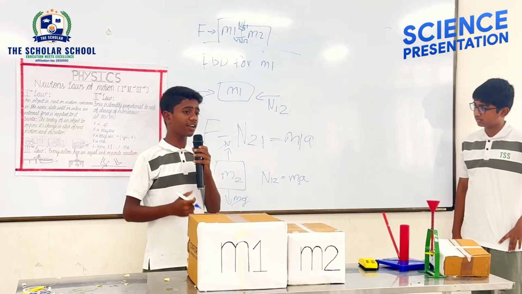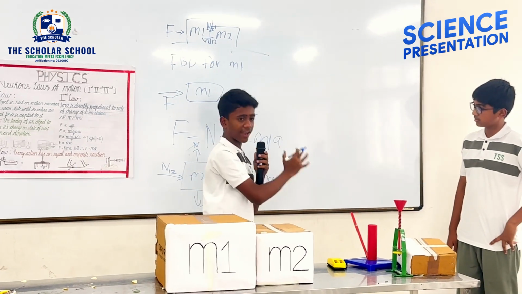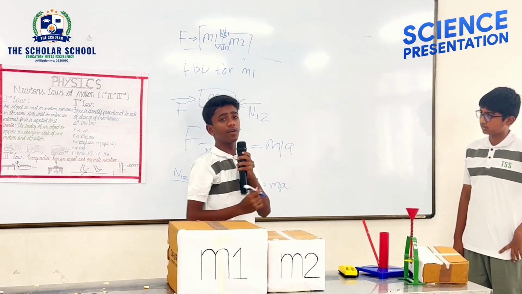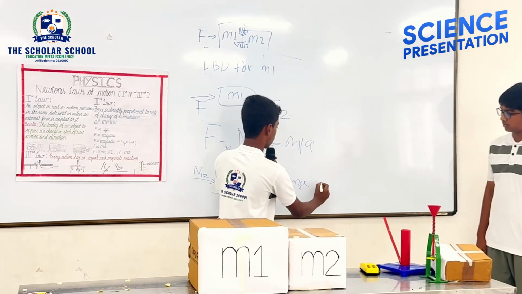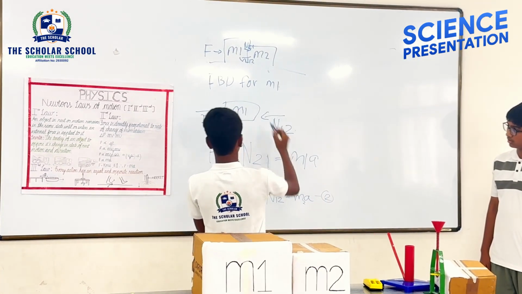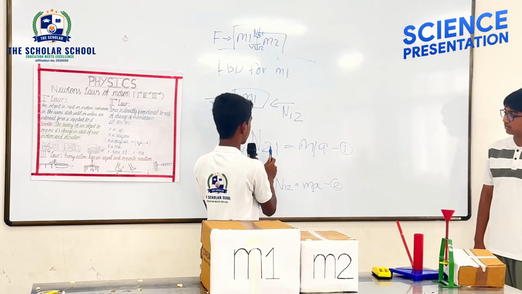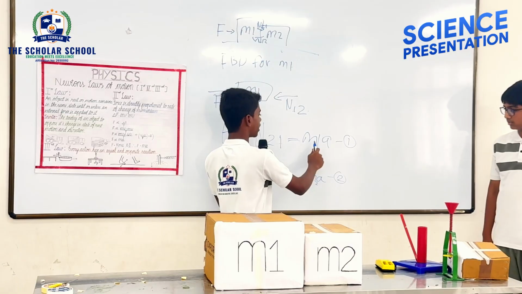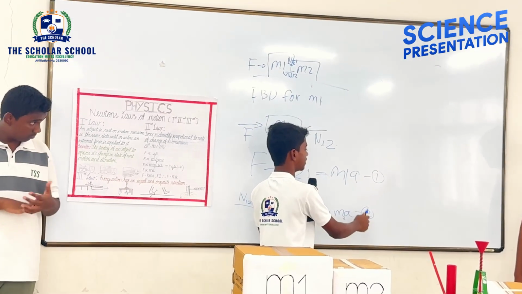Now find the acceleration of the total system. For finding the acceleration of the total system, we add both equation 1 and equation 2. Let us consider F minus N21 is equal to m1a as equation 1 and N12 is equal to m2a as equation 2.